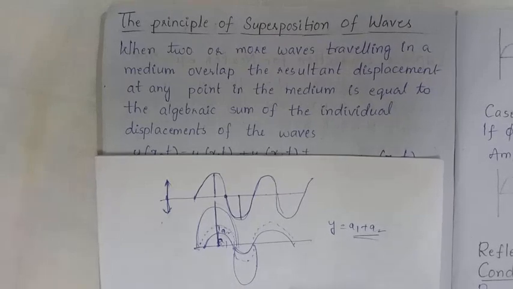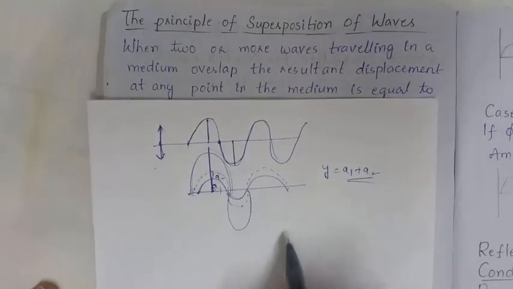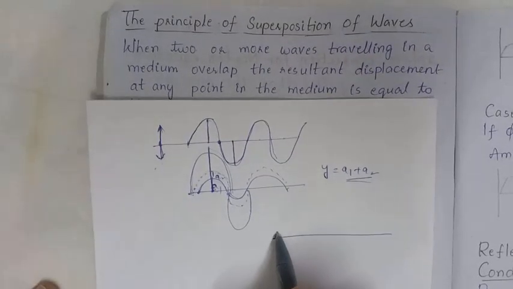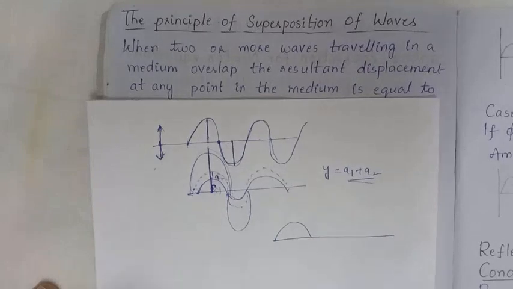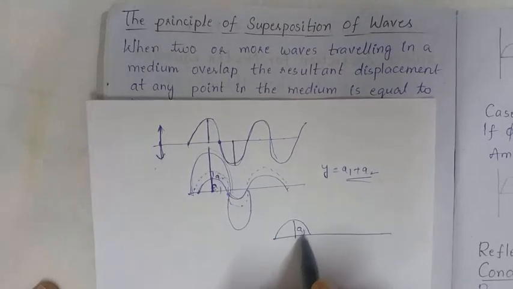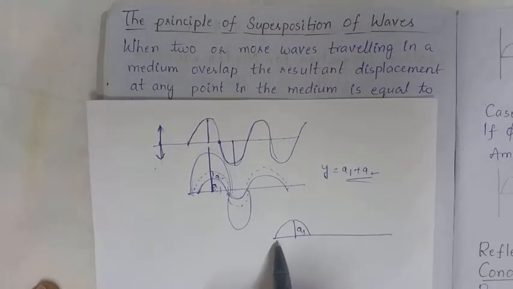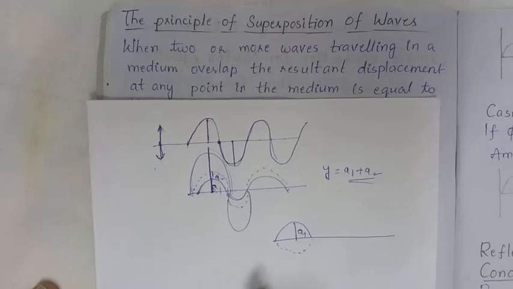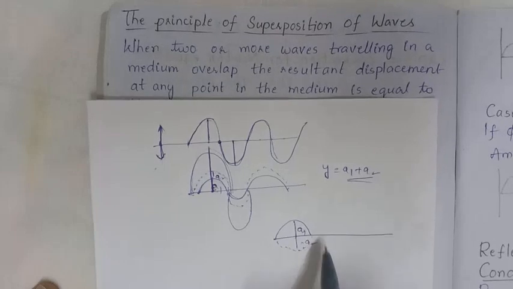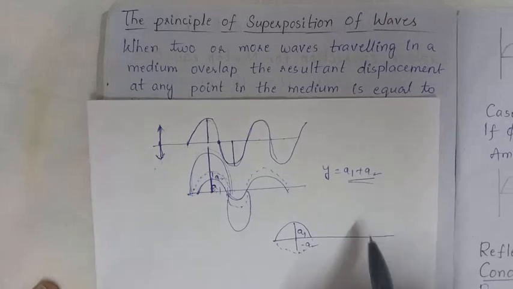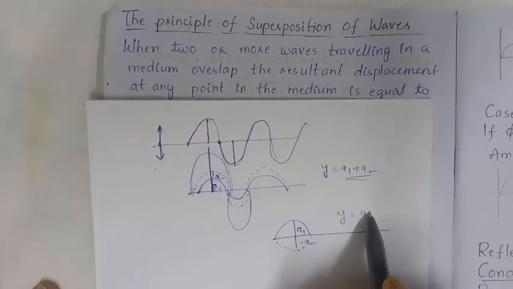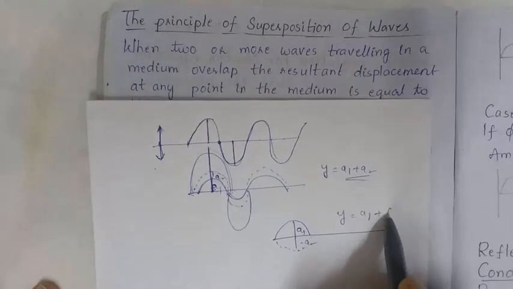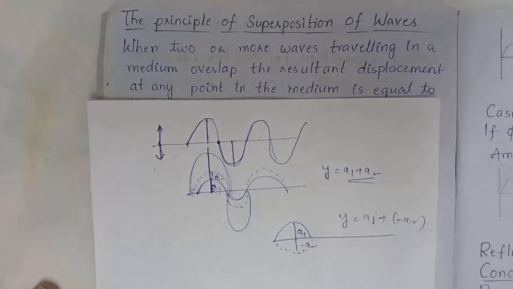Suppose I draw another diagram. If this is one wave, plus A1, and the dotted one is minus A2, then y equals A1 plus minus A2, I am adding.